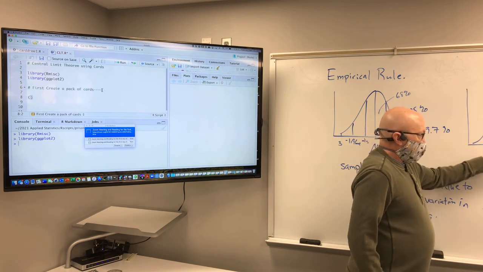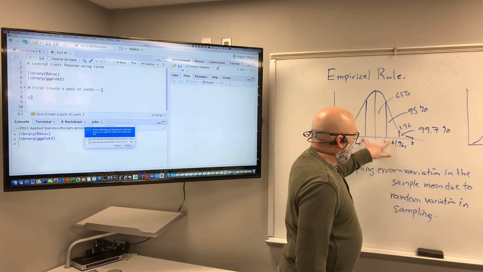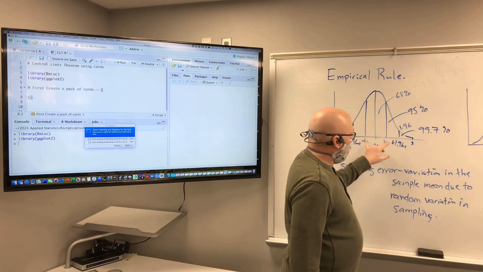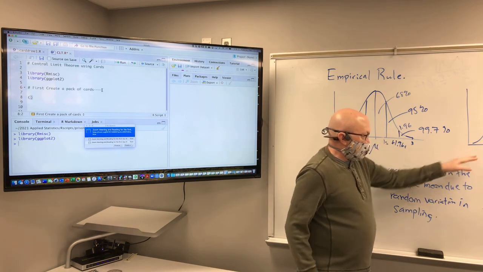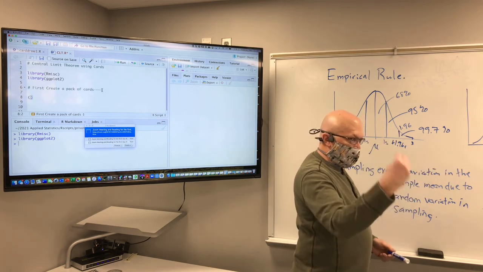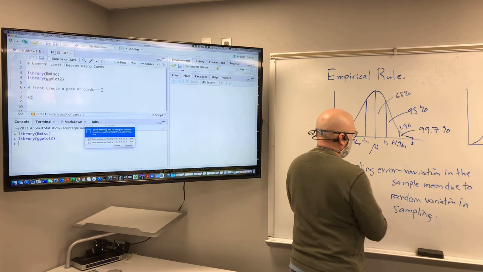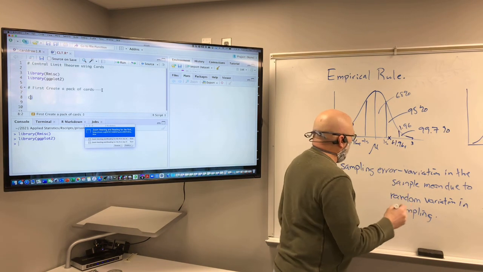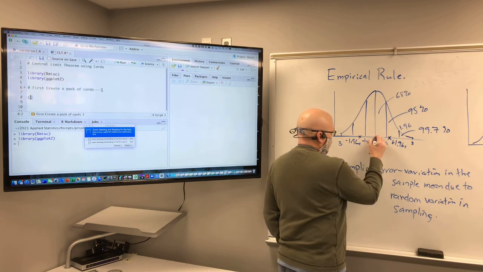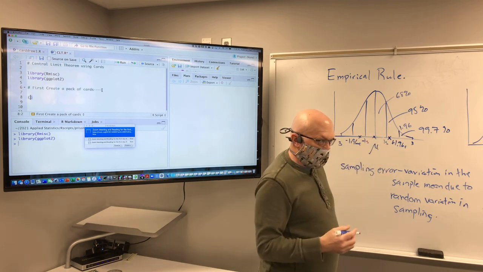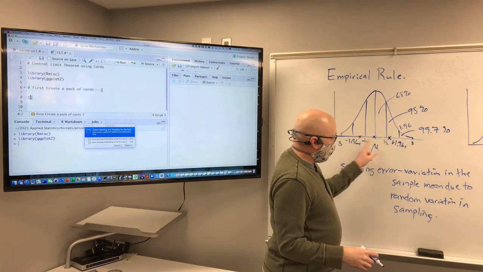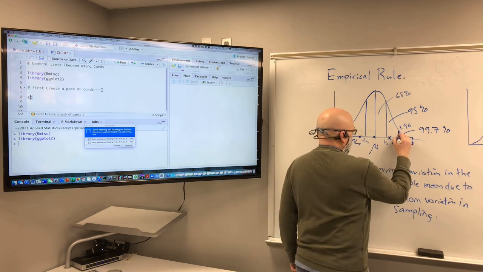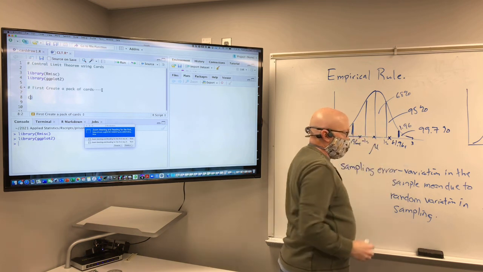Once we know that, we can use the empirical rule to say, well, if we have a distribution of sample means, and I go and grab one sample, that sample might occur here. Another sample might occur over here. Another sample might occur very close to the population mean. But 95% of the sample means will fall between here and here.